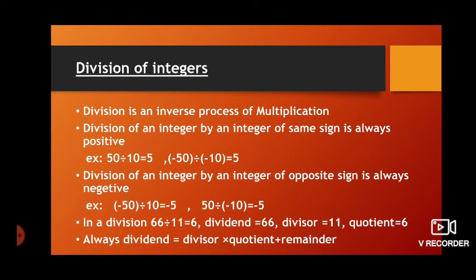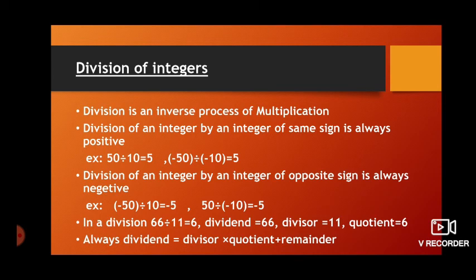Next, division of an integer by an integer of opposite sign is always negative. For example, if we are dividing two numbers and the two numbers have different signs, that means one is positive and one is negative, or one is negative and one is positive, then the result will get a minus, that means a negative sign. Here, if you see minus 50 divided by 10, 50 divided by 10 is 5.